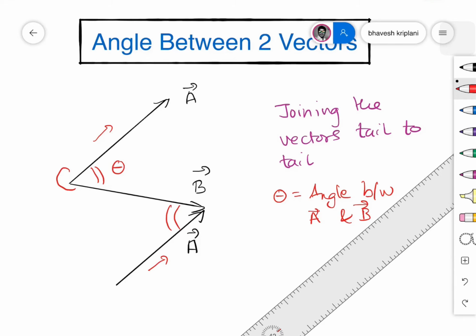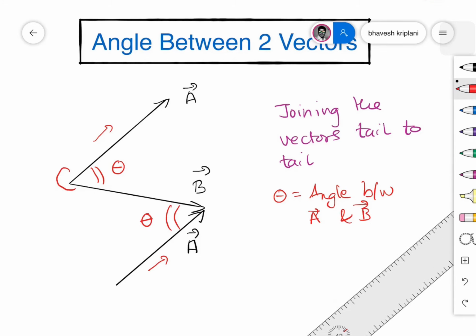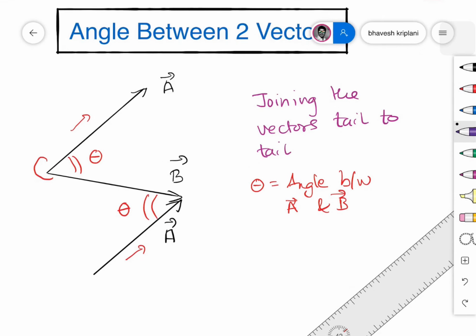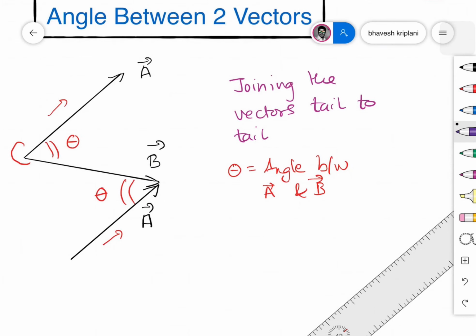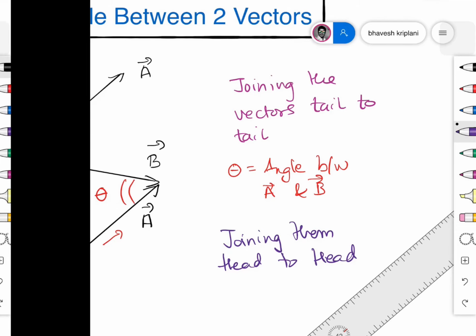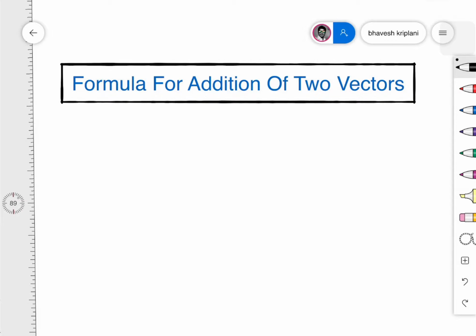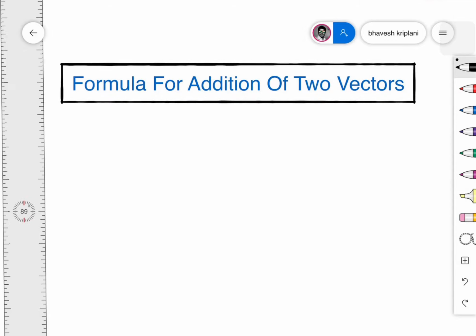Then this angle will also be theta. So we could find the angle between the two vectors by joining them head to head.